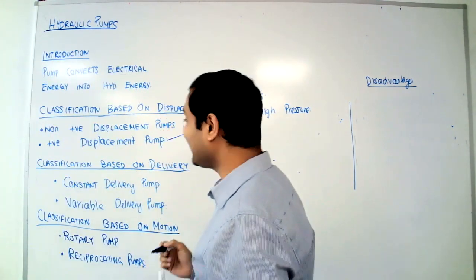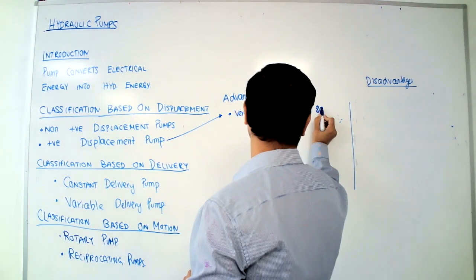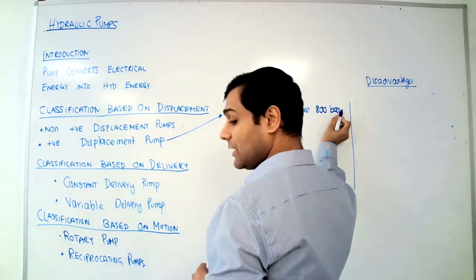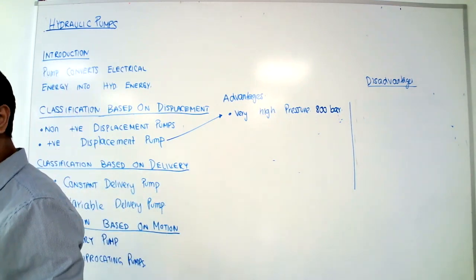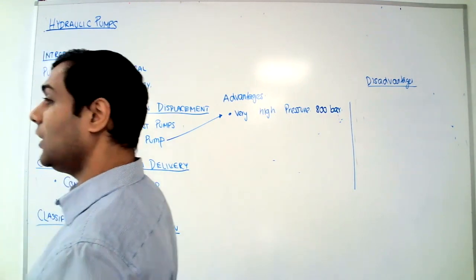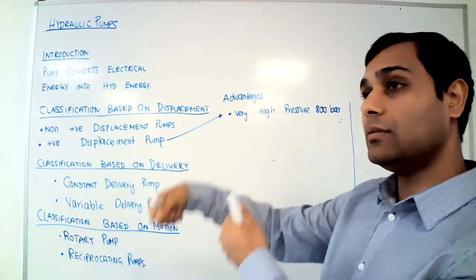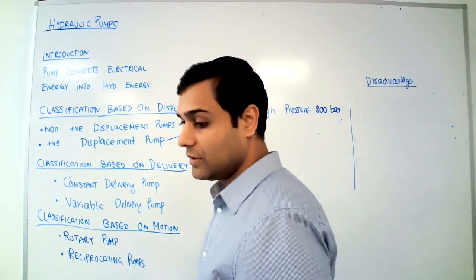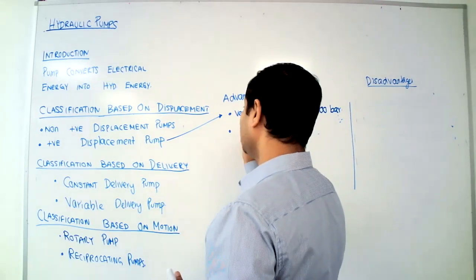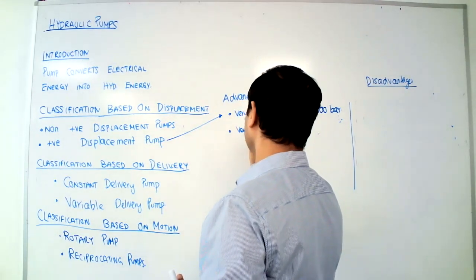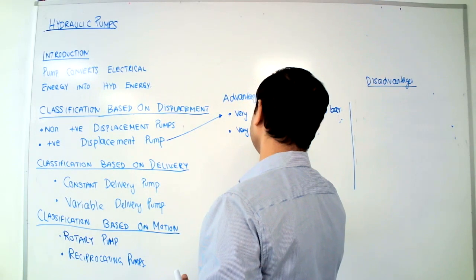They can go up to around 800 bars, so that's extremely high pressure. They are used for lifting oil from the oil well, all the way from the bottom. They can achieve very high volumetric efficiency.